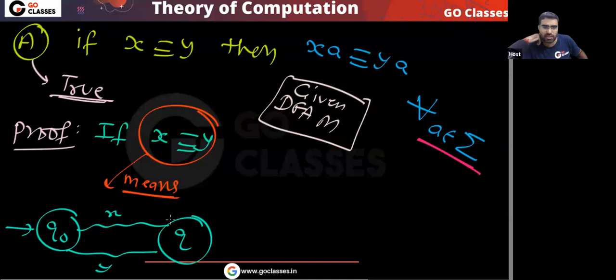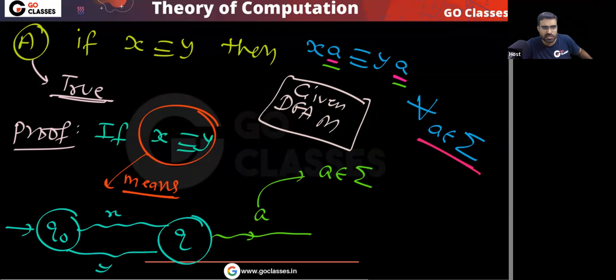Now you tell me one thing. From the initial state, on x you are going to q, on y you are going to q. Now all you need to do is just read one more symbol. Do you agree with me? On a, this can be any alphabet symbol in the sigma.